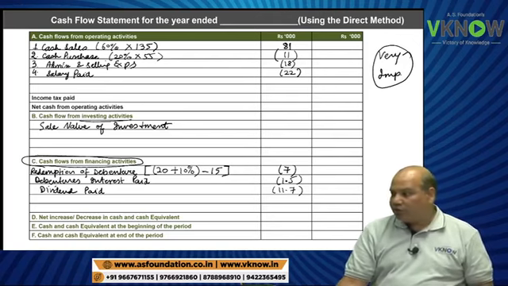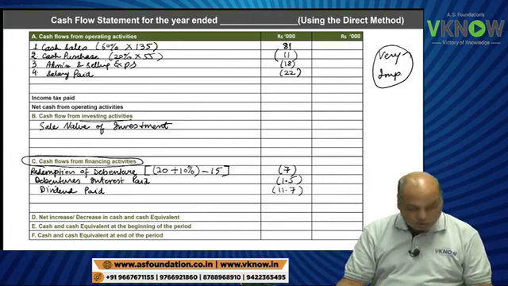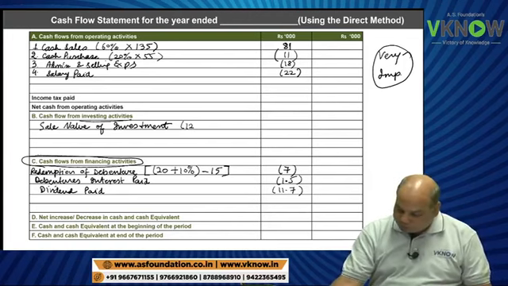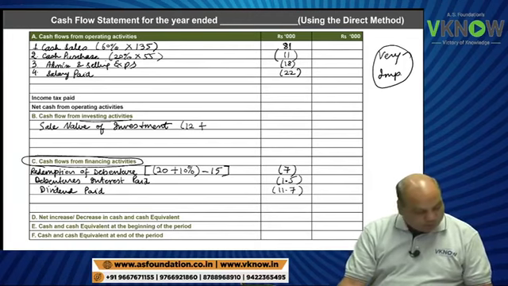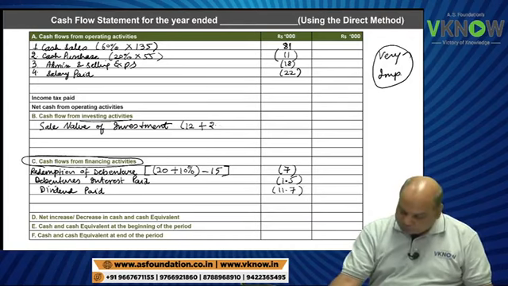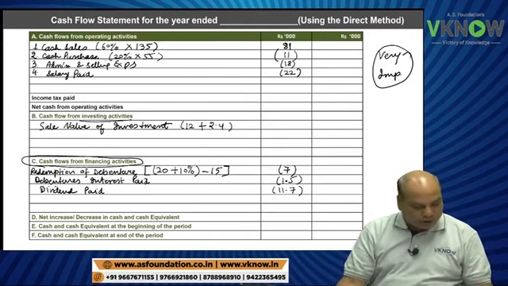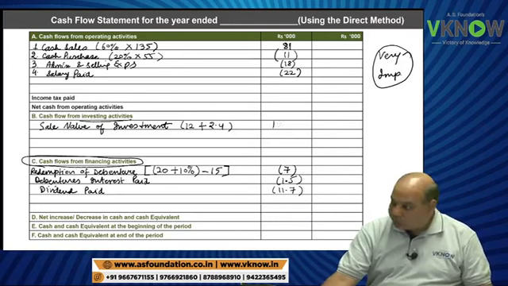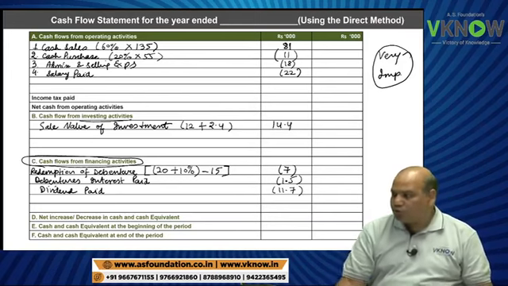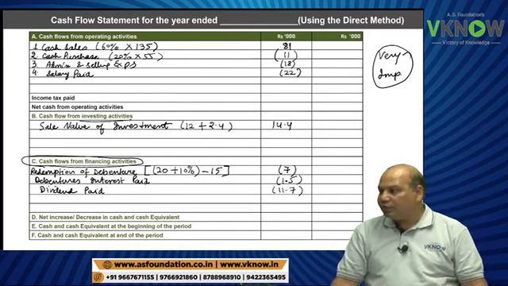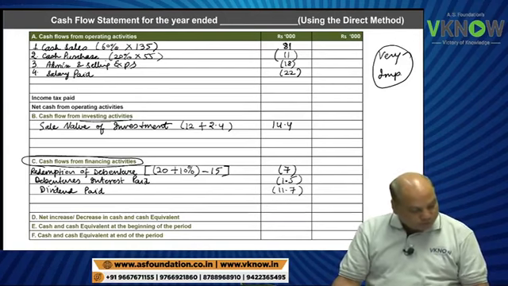Cost is 12 crore and the profit is 2.4. So that will give me 14.4 crore rupees. Is this right? 14.4 crore.